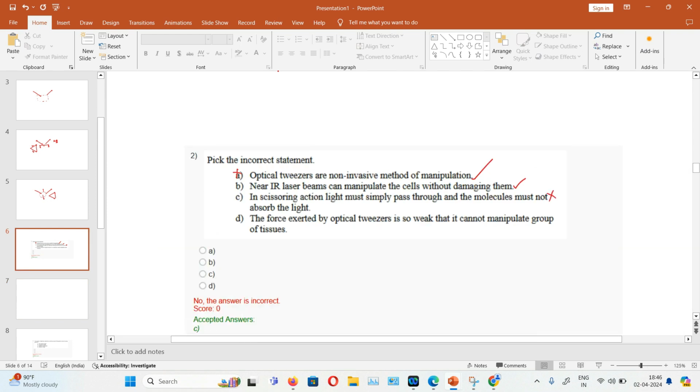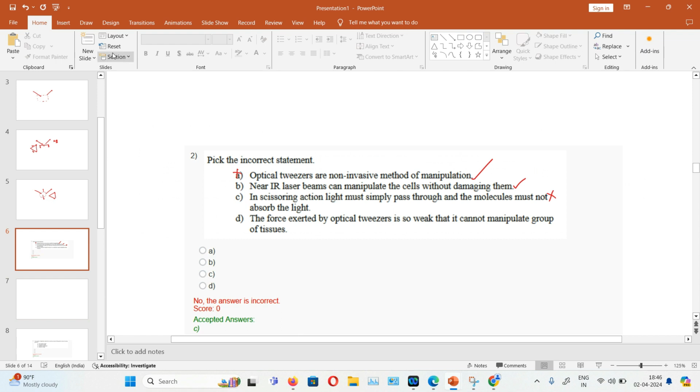It can manipulate some amount of tissue, but if it is a big group of tissue, it cannot be manipulated.